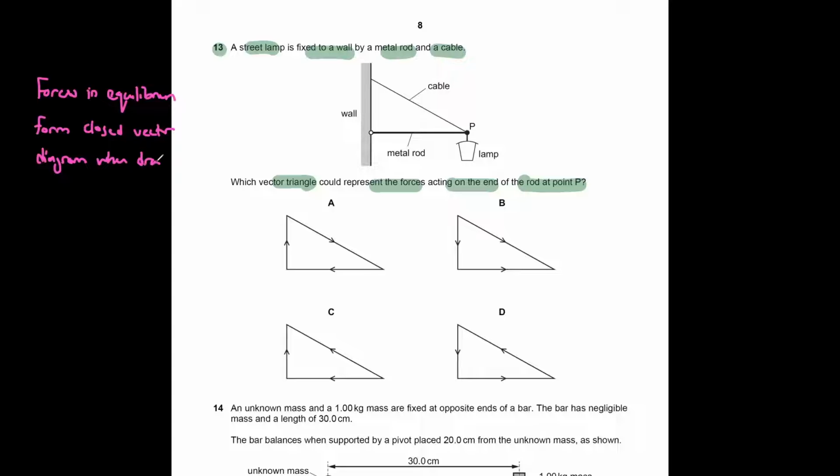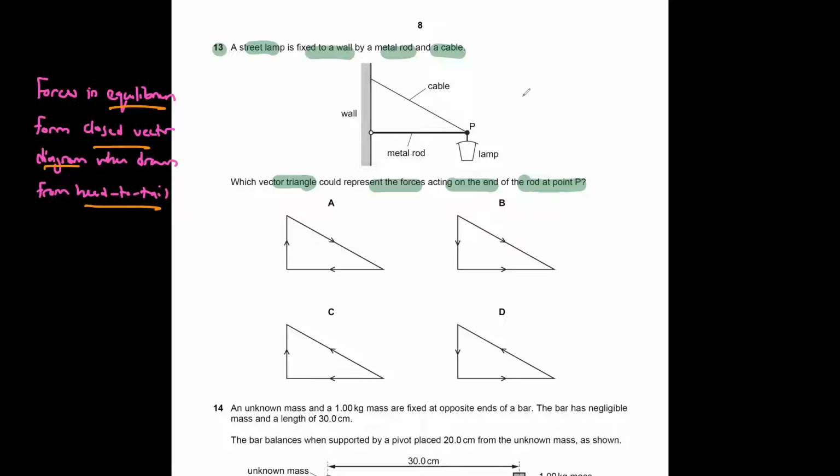Okay, when drawn from head to tail. Whenever you have forces that are in equilibrium, they must form a closed vector diagram the moment they're drawn from head to tail.